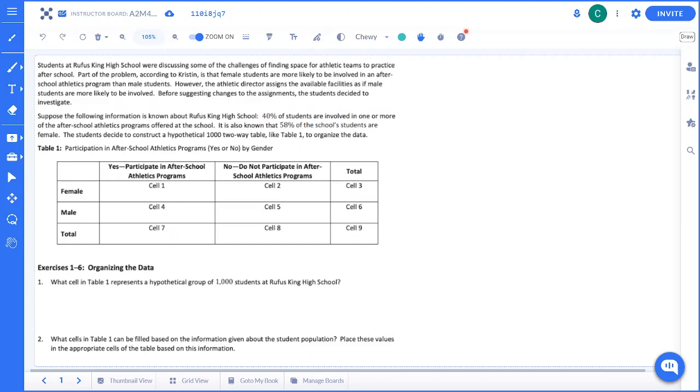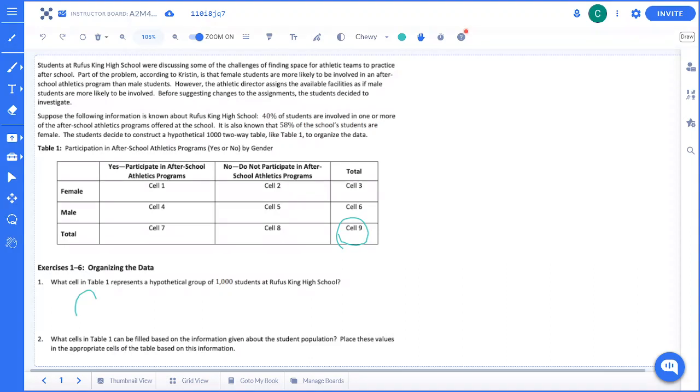Okay, so knowing the information that we have, we can now fill out this chart, right? It says what cell in table 1 represents a hypothetical group of 1,000 students at Rufus King High School. Well, for a hypothetical 1,000, that would mean that this total right here is equal to 1,000.